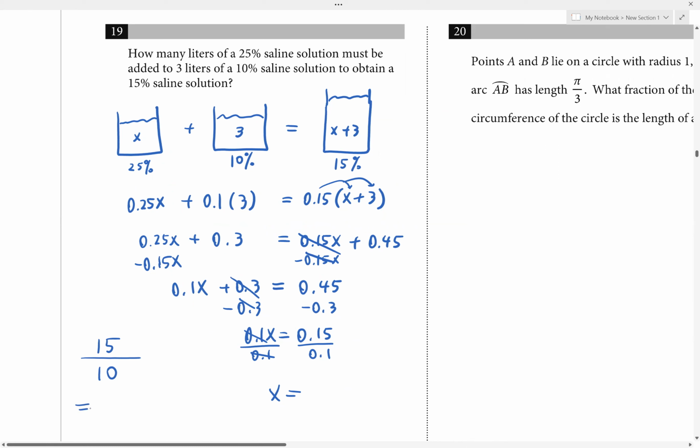If you simplify, you can divide by 5 on top and bottom, and get 3 over 2, which is also 1.5. You can either put 3 over 2 or 1.5, and that will be the X value. So that will be the final answer. That's how many liters of 25% solution we need. So for number 19, the final answer is just 1.5.